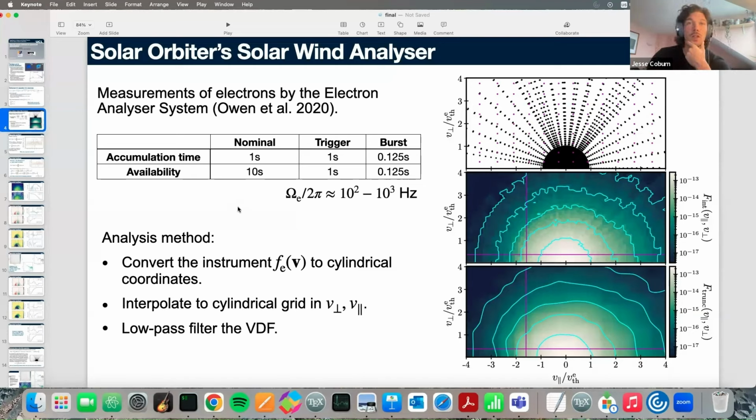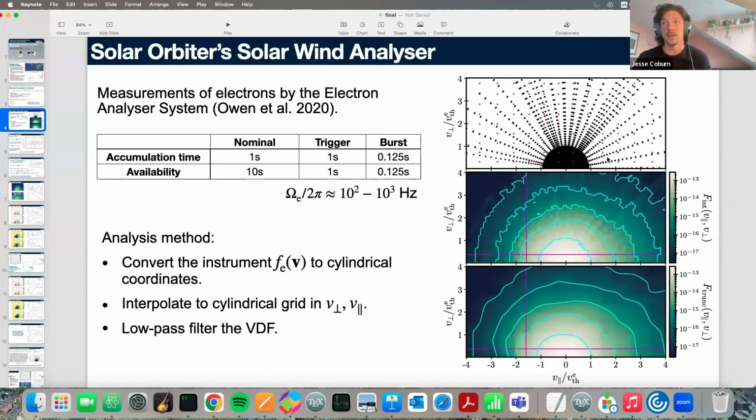Okay, so the analysis method in a nutshell does this. It converts the instrument F, okay, to a cylindrical coordinate system. So that's up here. This is where we'll start. These black dots are just that conversion of just taking the center of the bins, these bins being volumes in velocity space, and then I've put them as their perpendicular, so local magnetic field, divided by the thermal speeds.